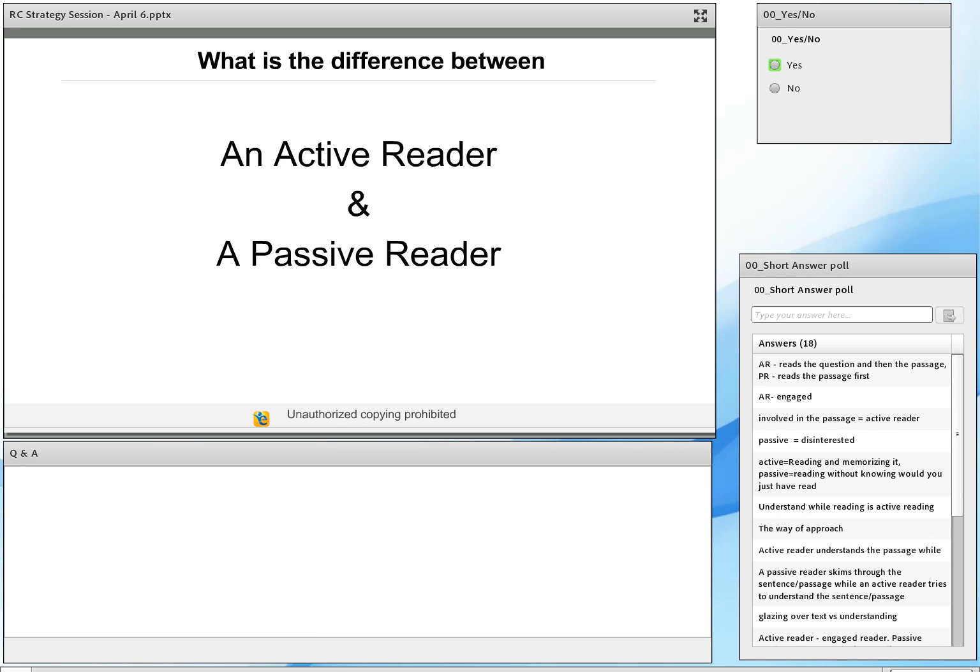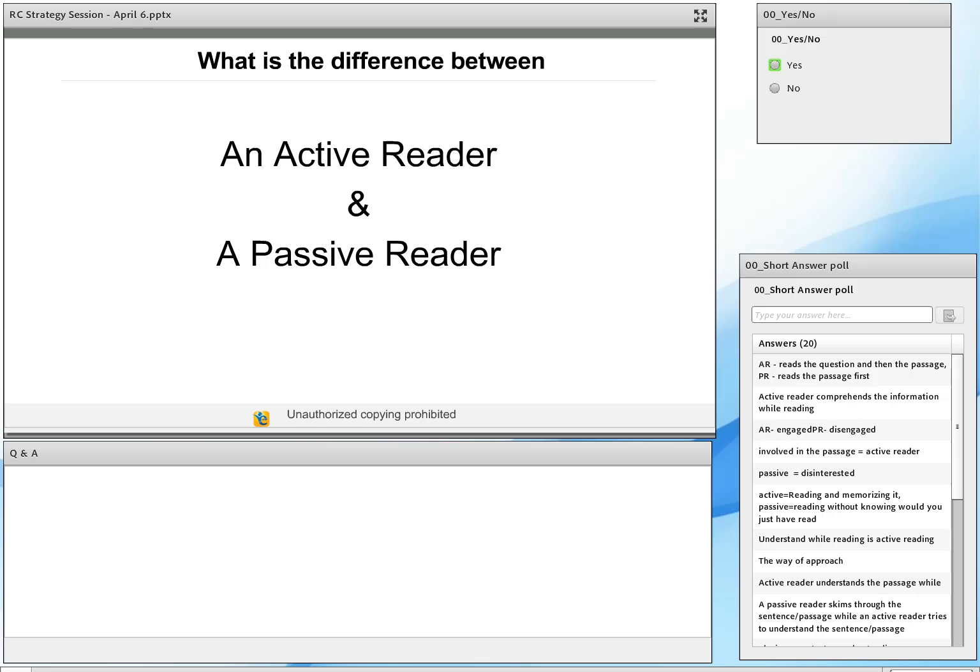Active reader definition is not correct over here, but passive reader pretty much to the point here. A passive reader skims through the sentence or passage while an active reader tries to understand the sentence or passage. Absolutely right. Glazing over text versus understanding. Okay, sounds good. Active readers are often involved in reading and passive does it on purpose. Not quite right, but I can see why you're saying that.